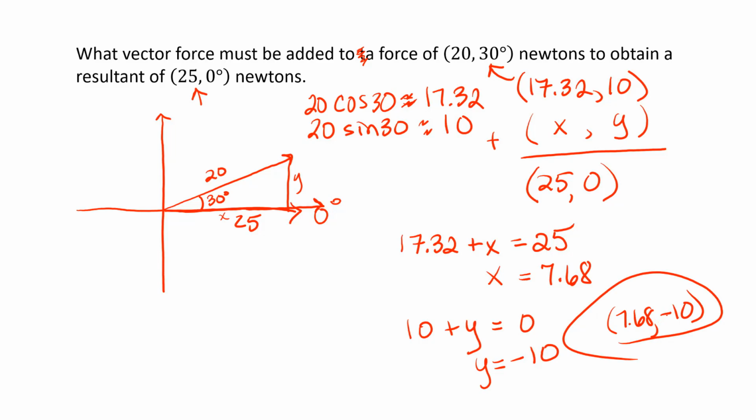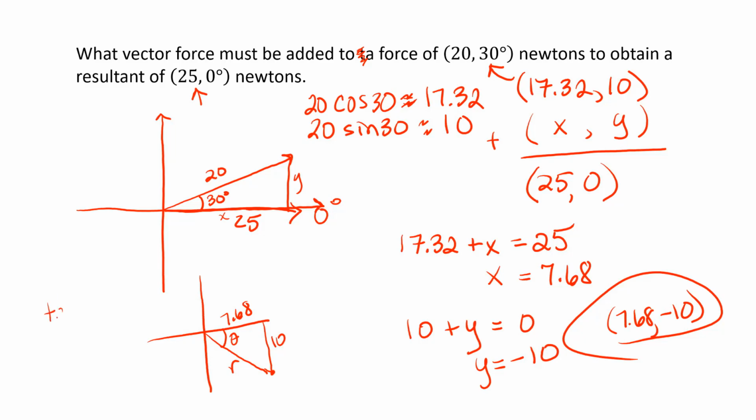So we want to change it to polar coordinates. So to change that to polar coordinates, we've got 7.68, negative 10. So down here, I'll write that in polar coordinates. So 7.68, 10. This is the angle we're going to find, and this is r. So to find the angle, we're going to use inverse tangent.